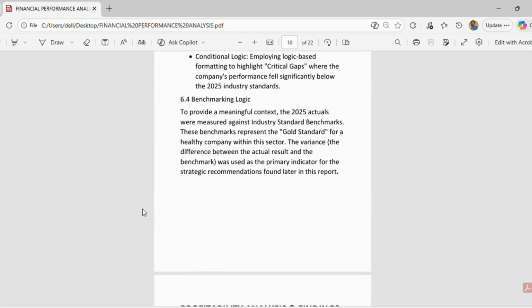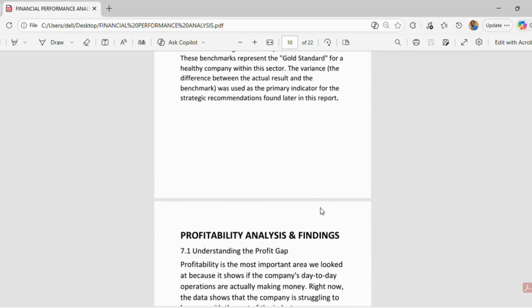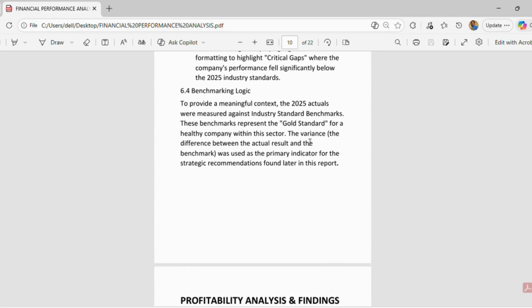Then benchmarking, I have also provided benchmarking. These benchmarks represent the gold standard for a healthy company within this sector. I have also added the variance, the difference between the actual result and the benchmark.